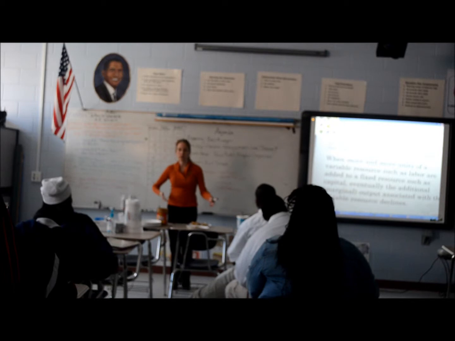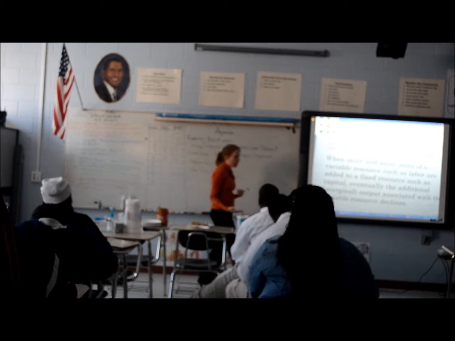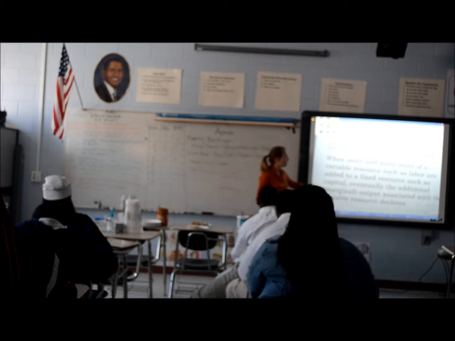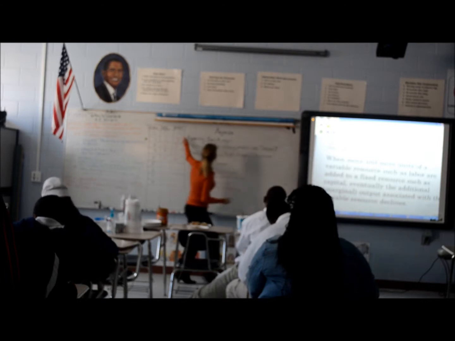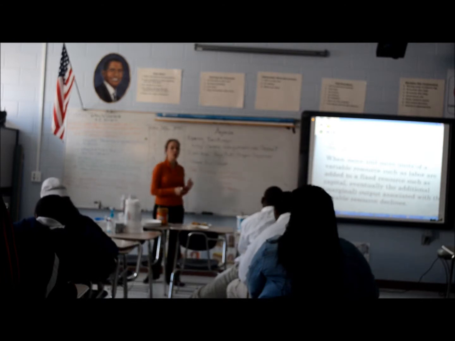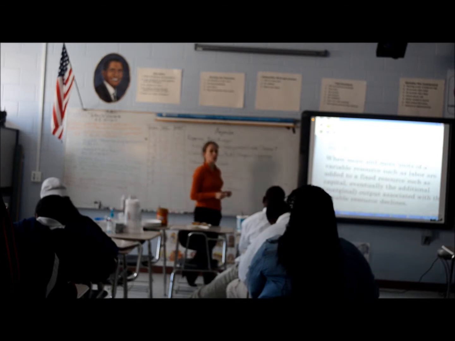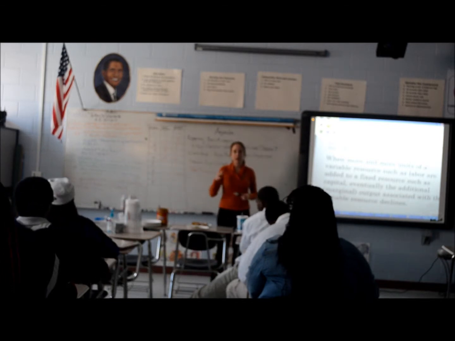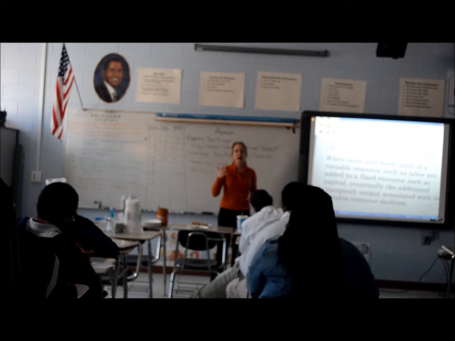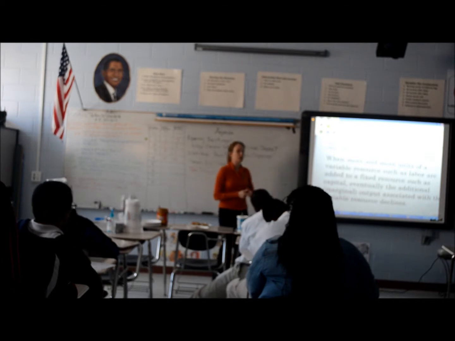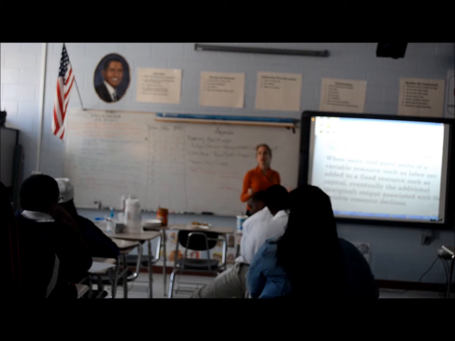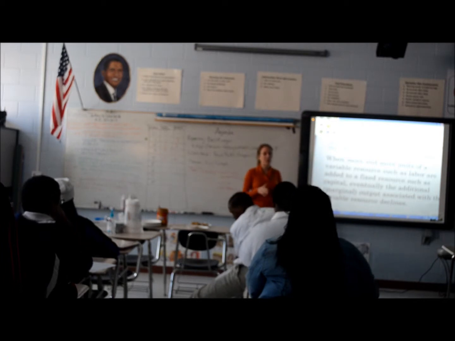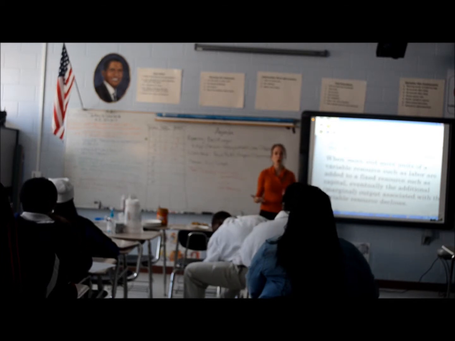Our knives and our plates and our peanut butter and our marshmallows. Eventually, the additional or marginal output associated with the variable resource declines, okay? Basically, remember that worker costs money, all right? Eventually, the value of that additional worker is not going to pay for itself anymore.